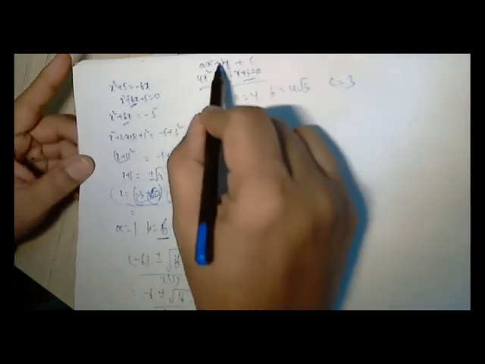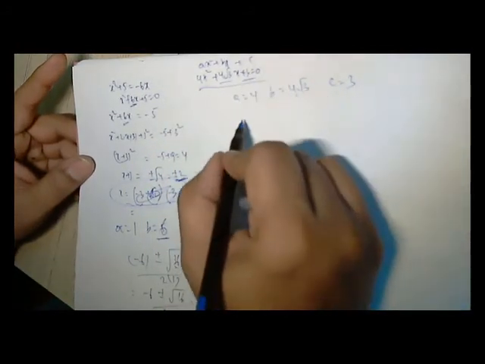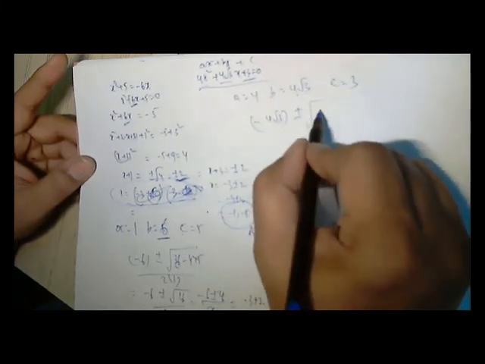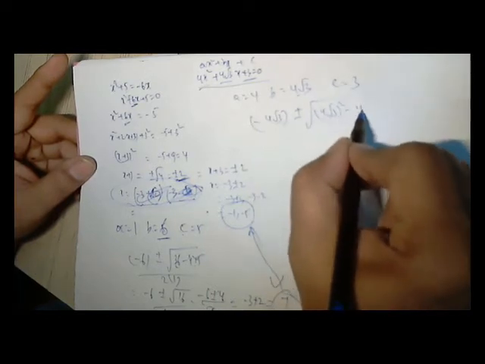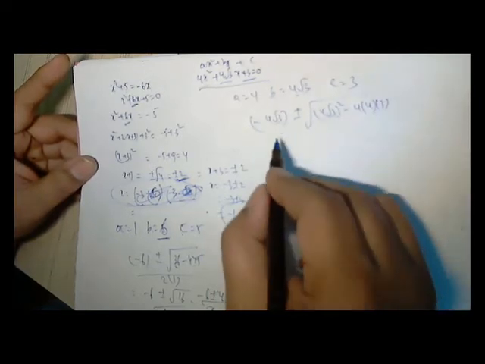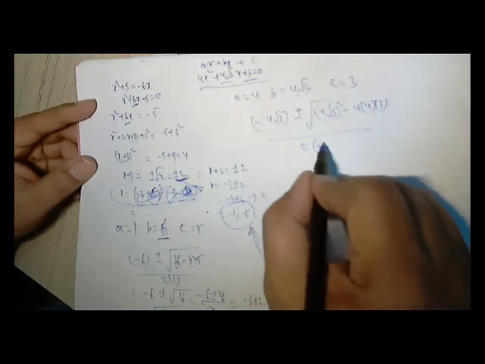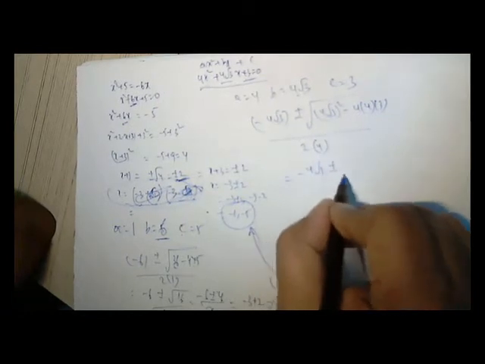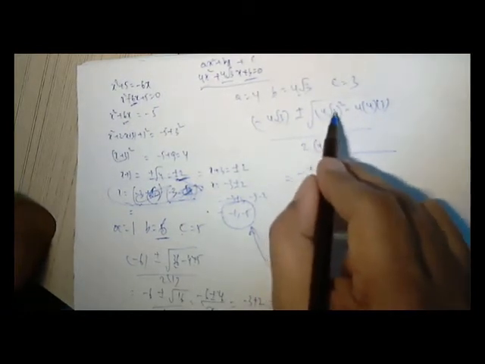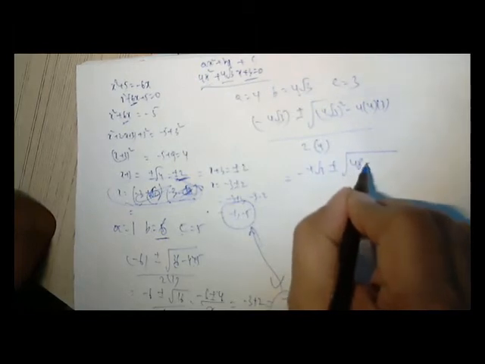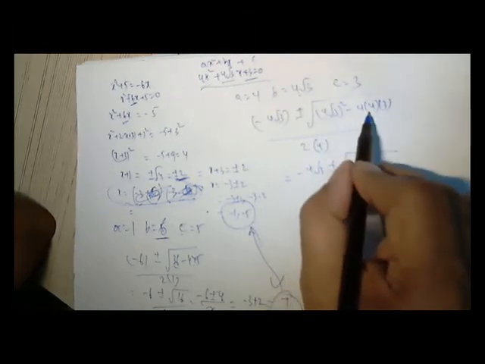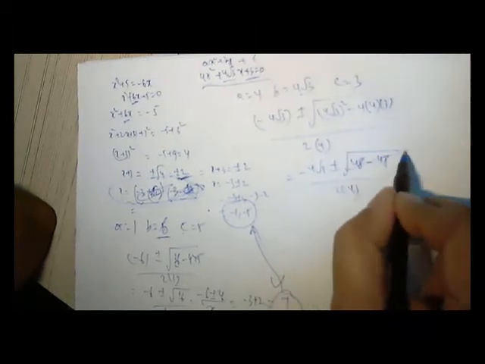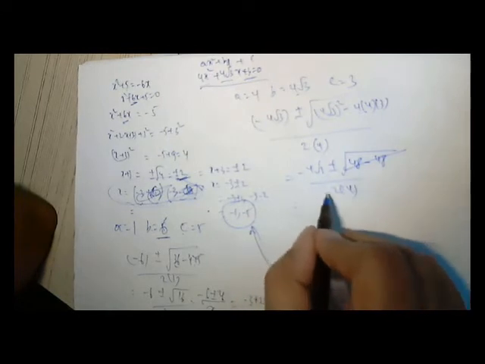So now minus b plus or minus square root of b square minus 4ac divided by 2a. So that is equal to minus 4 root 3 plus or minus square root of 4 root 3 squared, 4 square is 16 into 3, 48, minus 4 fours are 16, 16 into 3, 48, by 2 into 4. So this is getting cancelled, 0. So the answer is 2.